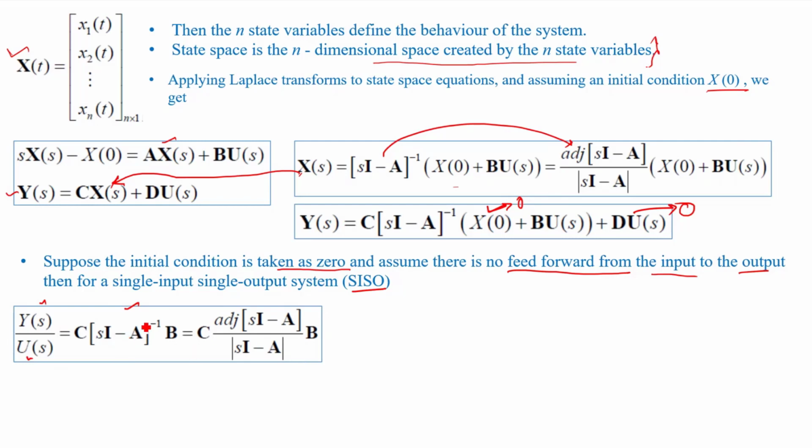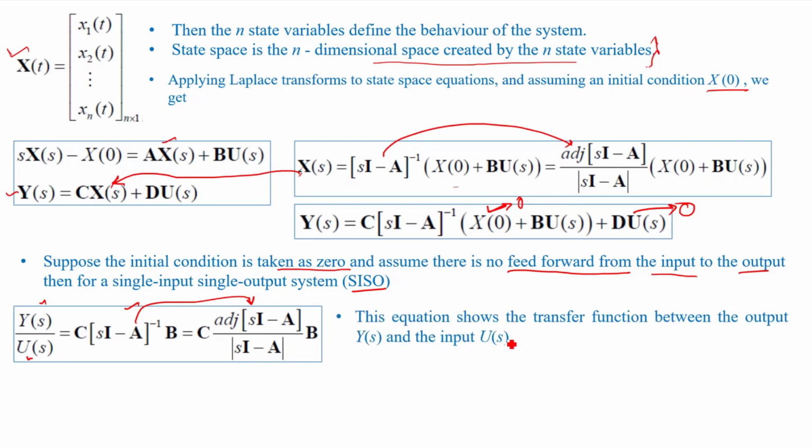The inverse is written in this format, adjoint of (sI minus A) by determinant of (sI minus A). This equation shows the transfer function between the output Y(s) and the input U(s). This is the transfer function of interest, with which we will do our stability analysis.